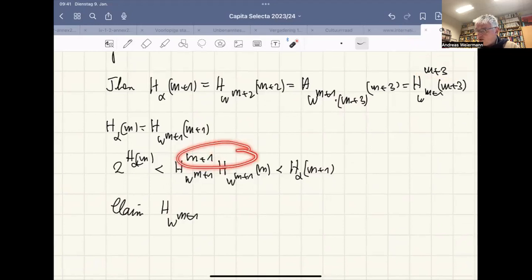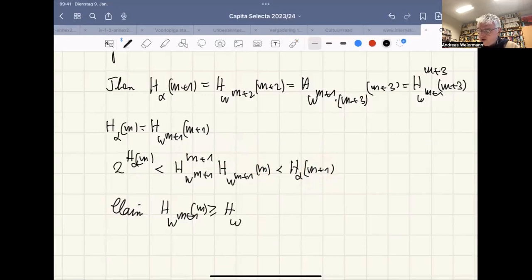So it's the exponent m plus 2, and this argument m is smaller than m plus 1. So h omega m plus 1 is bigger than h omega of m, because m is at least as big as 0. And this is h m plus 1 of m plus 1. So what is this? It is basically 2m plus 2.